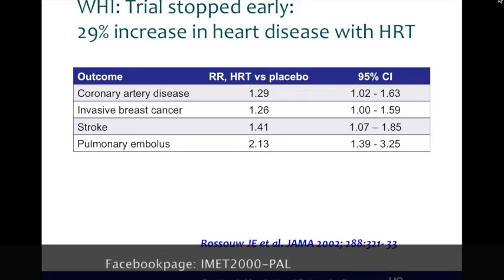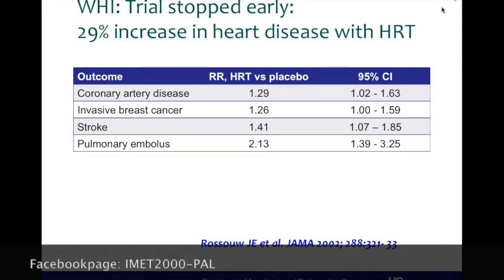Then the randomized trial included women both with and without heart disease. 16,600 got this combination of estrogen, progesterone versus placebo. They looked at 40 clinical centers, and the follow-up was planned for 8.5 years. It was supposed to end in 2005. Well, this was a case where the trial was stopped early, as it was found that there was actually a 29% increase in heart disease in women with hormone replacement therapy.